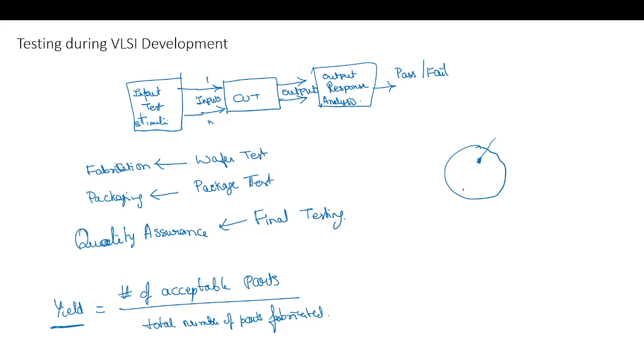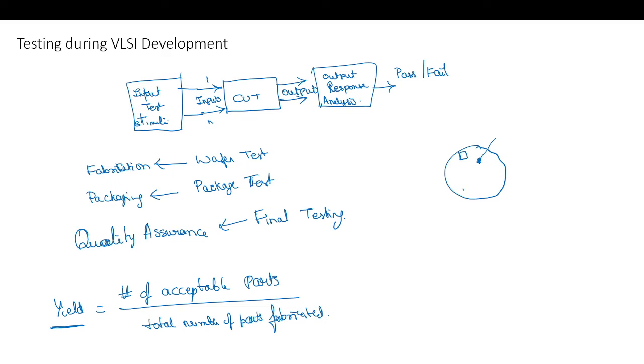At different stages of VLSI, once the chip is fabricated, at the wafer level, we take one die and then do the packaging. After packaging, at the final stage, in quality assurance, we again perform the testing. So at different stages, we are performing the testing. And yield is just one concept, I wanted to write the formula. It is the number of acceptable parts divided by the total number of parts fabricated.